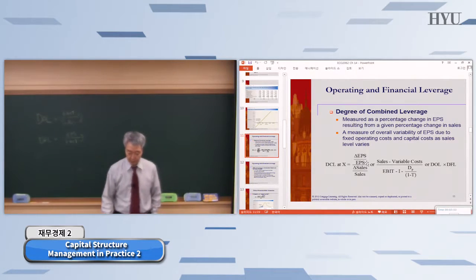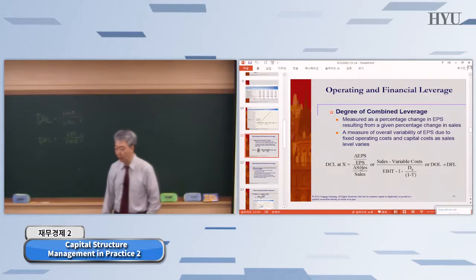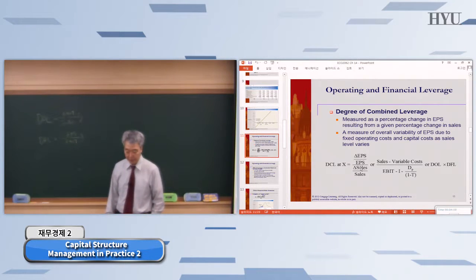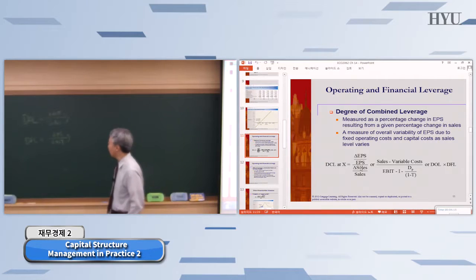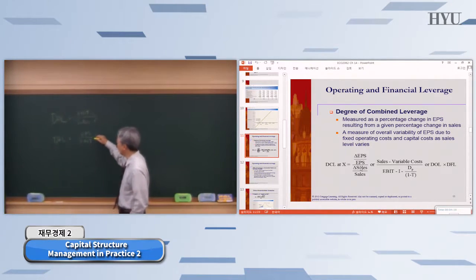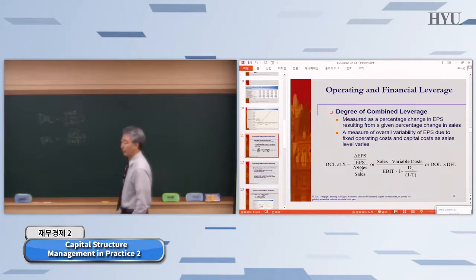You can derive this formula by substituting change in sales and actual sales and so on, and I'm sure you can do that. But quickly, you can figure out that we're talking about ultimately the relationship between the EPS and sales.